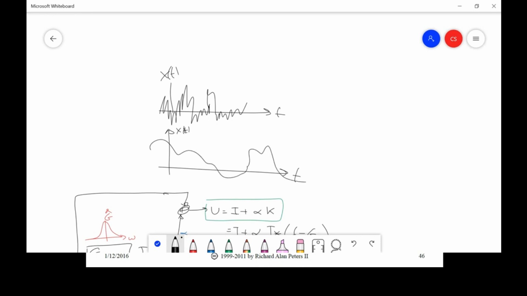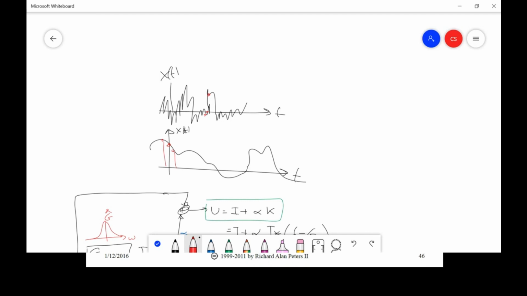It is random too. But if you know one value here, you know that the nearby values cannot be very different. So these two values must be close to this one. And in this signal, you don't know. If you know this value, you don't know what this one will be or what this one will be.